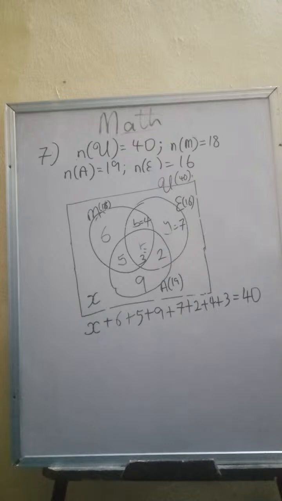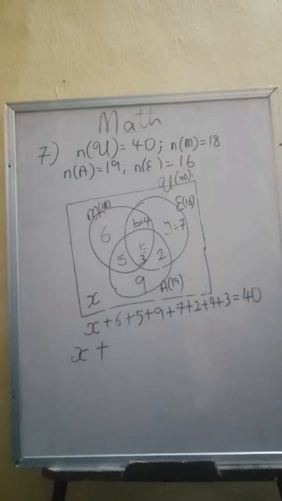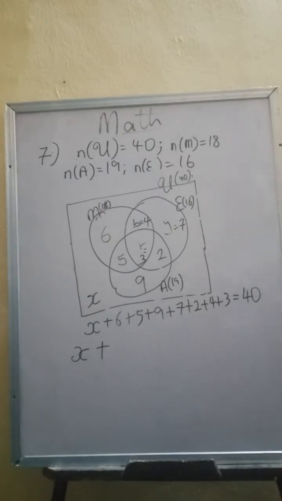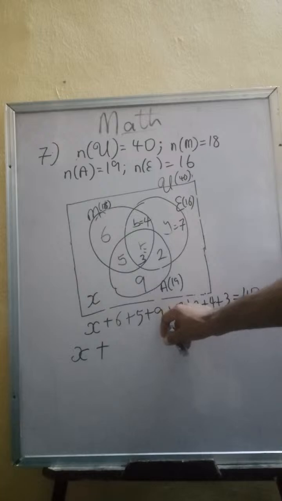In fact, take a good look at what's written, if there's anyone that is missing. Okay, so you have x plus, add the values here up. Six plus 5 is 11, plus 9, 20, plus 7, 27.